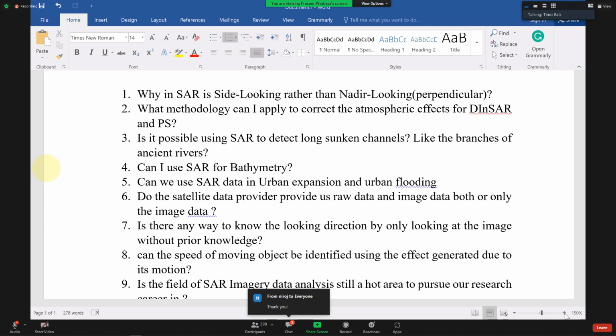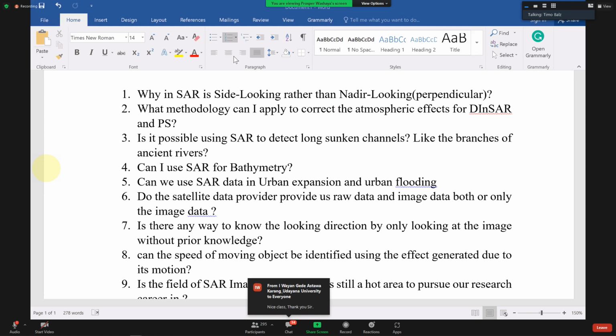However, for PS InSAR, you already know what you're doing, right? Some people do not know what I'm talking about now. But for PS InSAR, you can also do that, but ideally we correct the atmospheric effects in PS InSAR based on the data. And that typically works better than with the numerical weather models because their resolution is just not good enough.